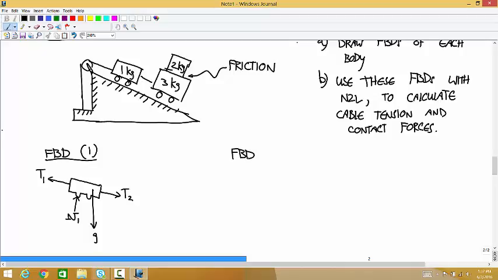Free body diagram now of the 3 kilogram. There's the weight. There's cable 2. So what's the force applied by cable 2?